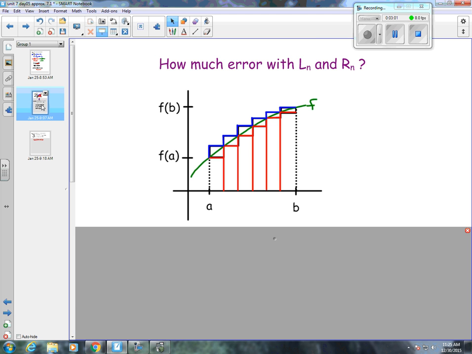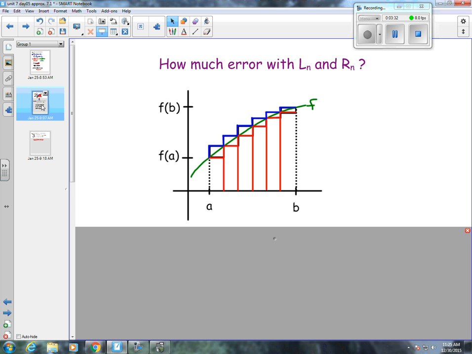Let's look at a generic example for a minute. Let's say we have a function f that is strictly increasing, or it could also be strictly decreasing, but let's just say that it's monotone over the interval from a to b. As you can see, the red rectangles represent the left approximating sum, and if I go up to the top with the blue rectangles, that would be the right approximating sum.